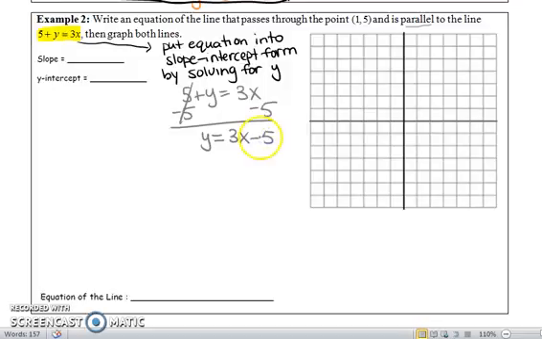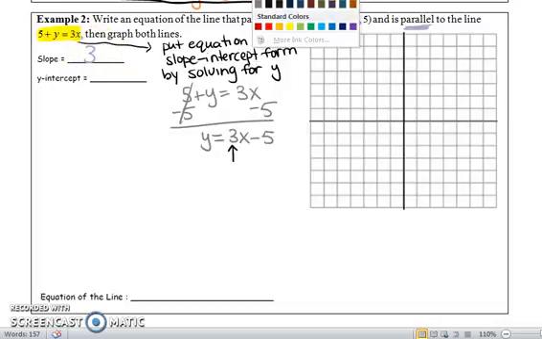So now we have the given line in slope-intercept form, and now we can really easily identify what the slope is. If we want to write an equation of a line that's parallel to this line, we know the slope of that line has to be the same, which is 3. So that made our lives a little easier.